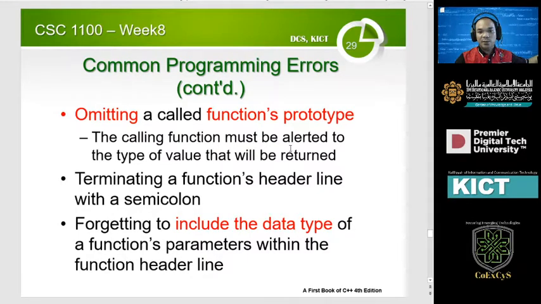Another programming error is omitting a called function prototype. If you omit this, the function is basically not recognized. And terminating a function header line with a semicolon also is a problem. A function header does not have a semicolon, right?